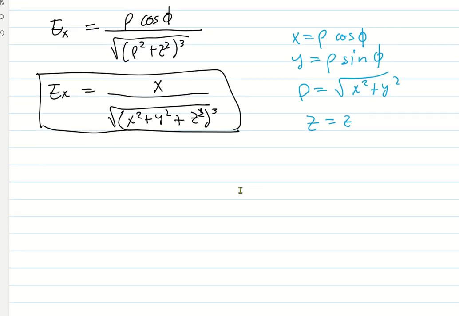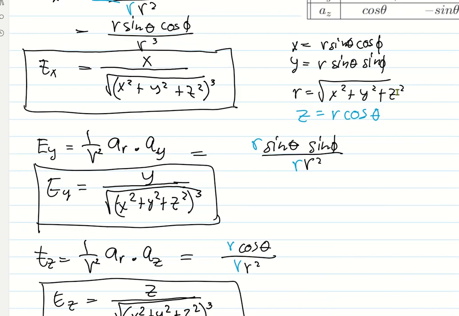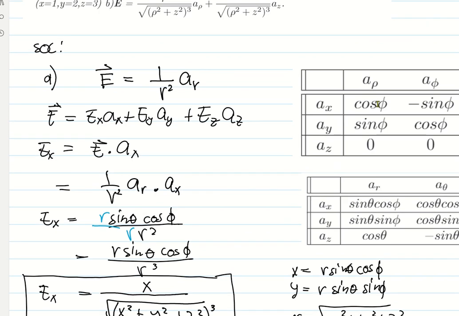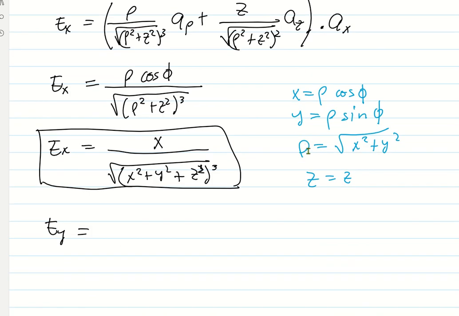For EY, instead of AX, it will be a rho dot AY. What is a rho dot AY? It is sine phi. So instead of cosine phi, it's just sine phi. So this will be rho sine of phi all over the square root of rho squared plus z squared cubed.